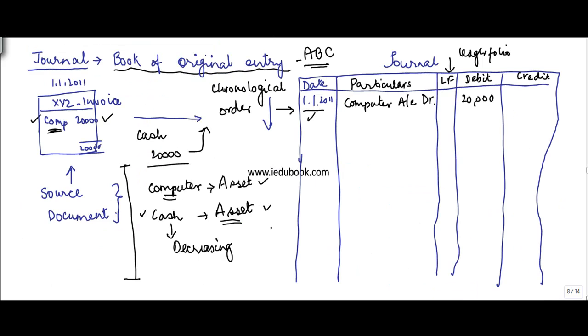So in your case, cash has to be credited. The way you write this in your ledger folio is you write "to cash". So instead of writing a credit separately, we write computer account debited to cash. To cash means cash has been credited, and therefore you write it in the credit column, right?